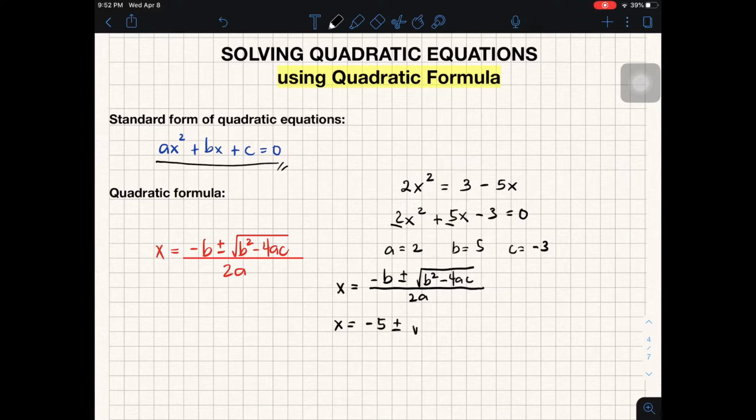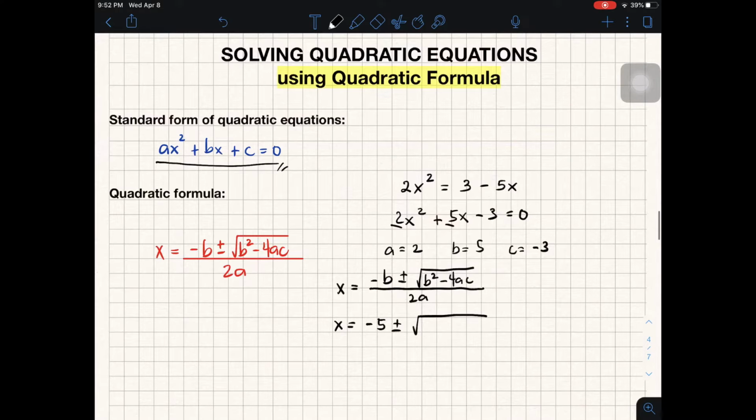So we have negative 5, positive negative, the square root of, yung b natin is 5, so 5 squared minus 4 times yung a natin, which is 2, then times c, which is negative 3. All over 2 times 2, kasi yung a natin ay 2.